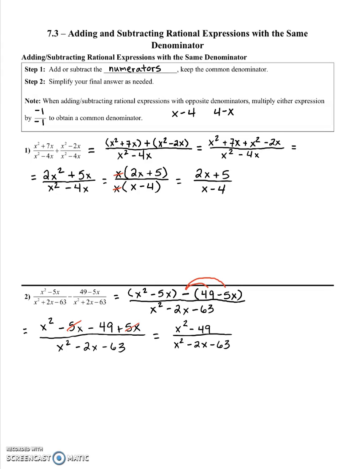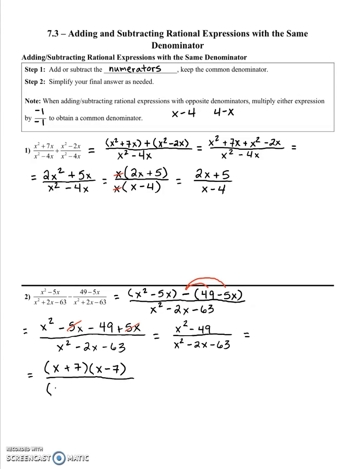Now, we need to simplify this. So in order to do that, we need to factor both the numerator and the denominator. So if we factor the numerator, that's the difference of two squares. So it factors into x plus 7 times x minus 7. And for the denominator, we need two things that multiply to give us negative 63 and add to give us negative 2.